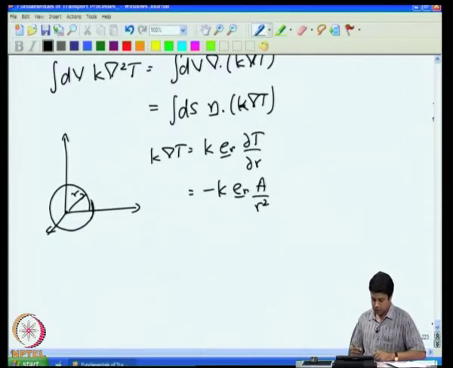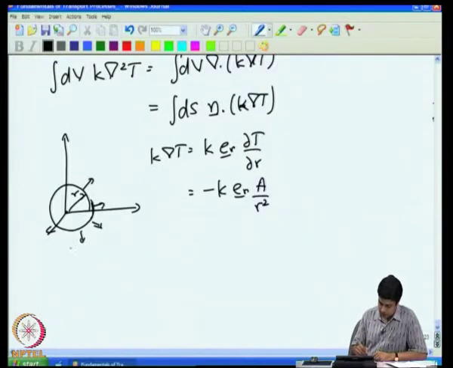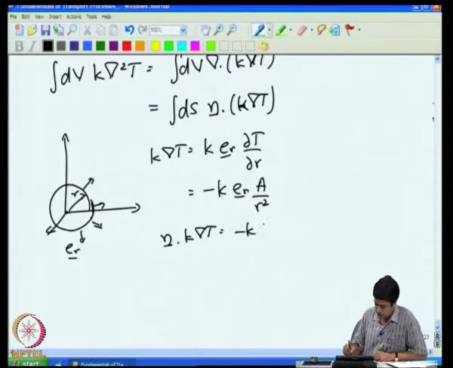The unit normal to the surface is also in the radial direction. Therefore, n dot K grad T is equal to minus K A by R square.